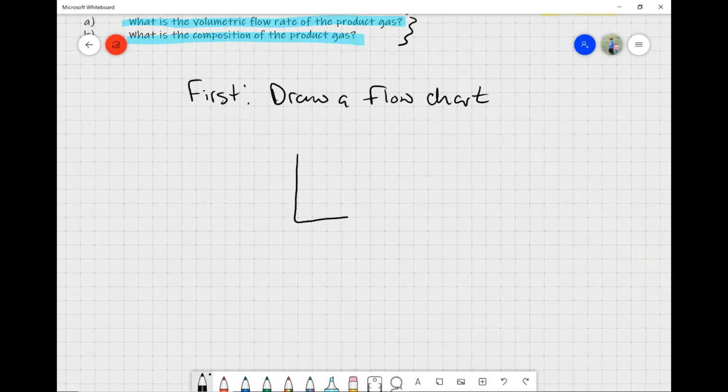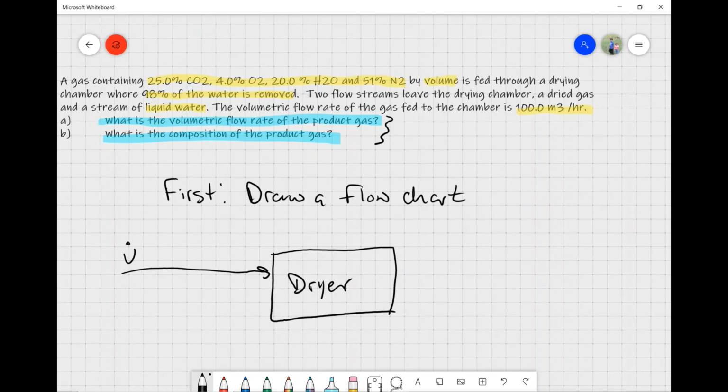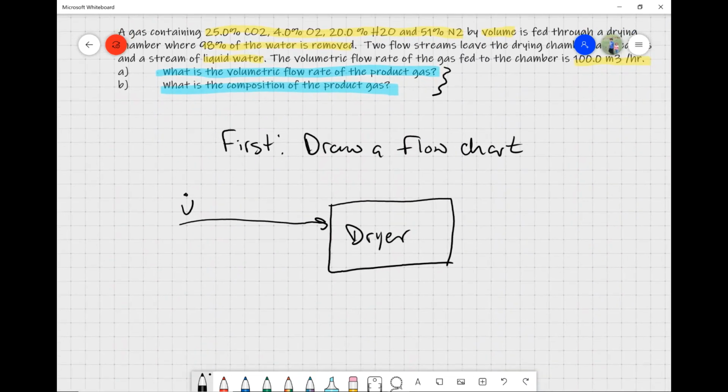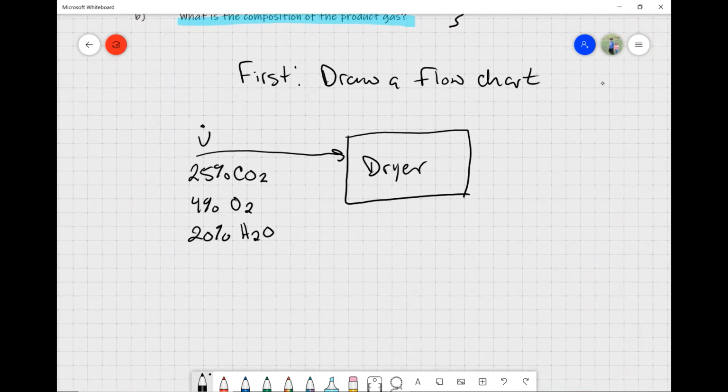Typically we just use a box. You can use other symbols if you want. Then we have some gas coming in, and we have a volumetric flow rate. Let's write out the composition: 25% CO2, 4% O2, 20% H2O, and 51% N2.